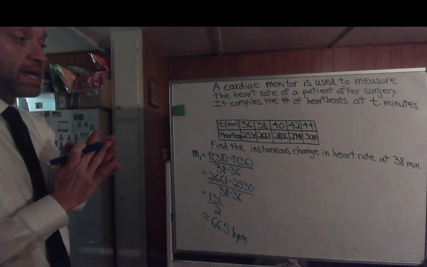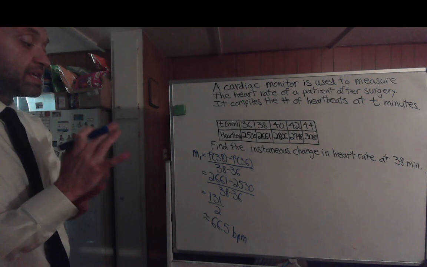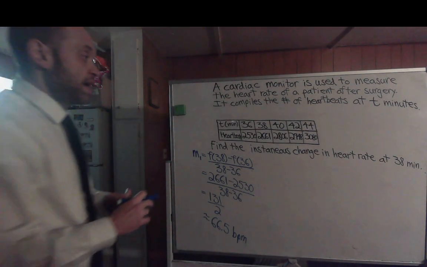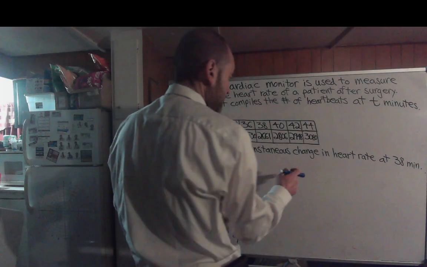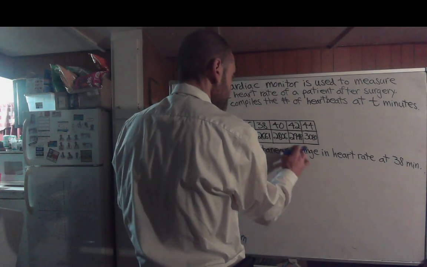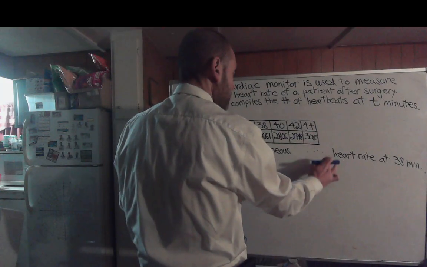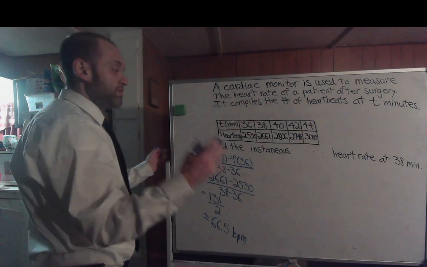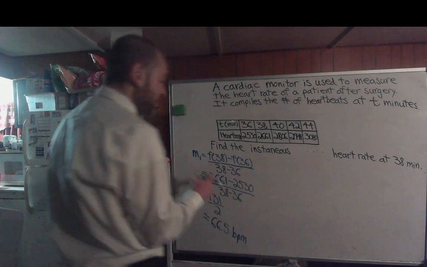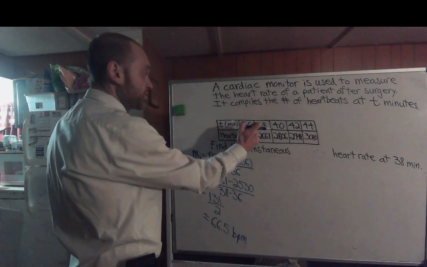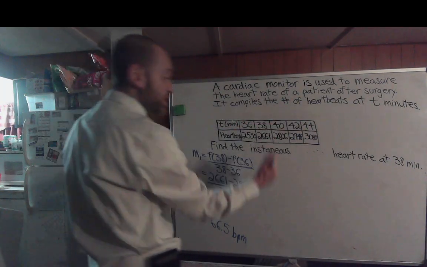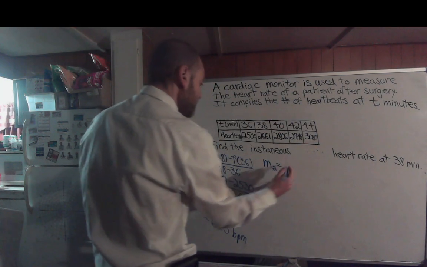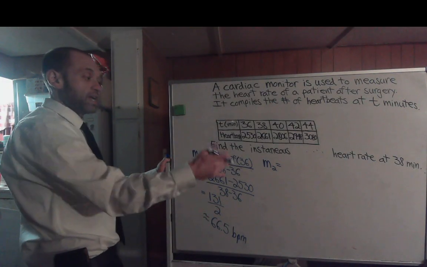Now, again, the goal is to find the instantaneous heart rate at 38 minutes. If we want to find the instantaneous heart rate, we found the slope from 36 to 38. We should probably take one from 38 to 40, since it's equidistant apart. So let's find the average heart rate from 38 to 40 minutes.